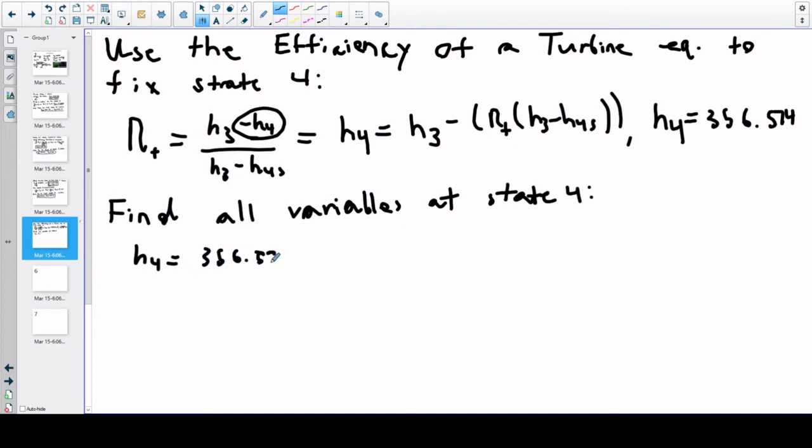Which is 356.574, this is just our H value again, and this is temperature 4. Oh, there it is: 1452 degrees Fahrenheit.